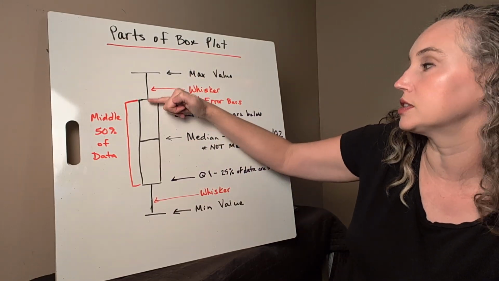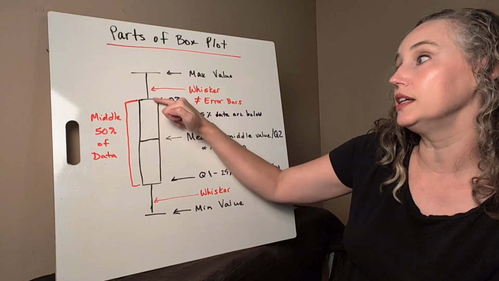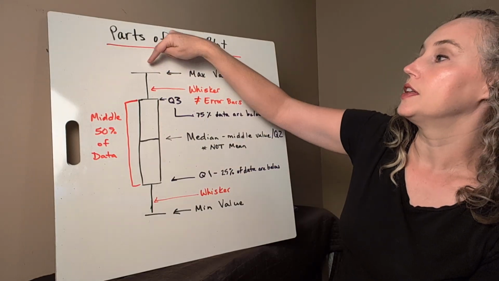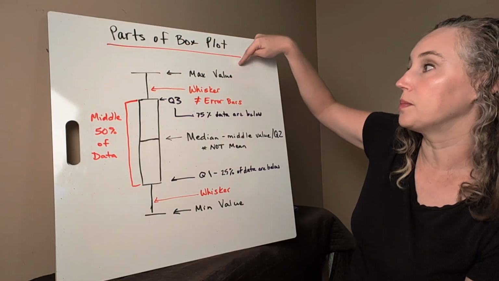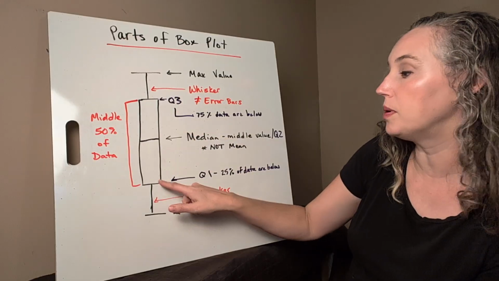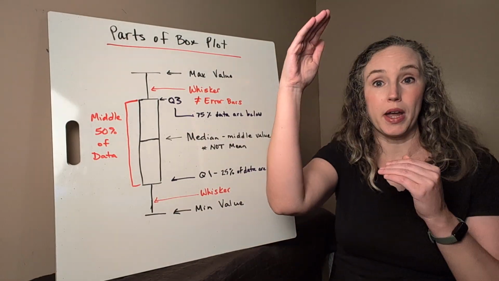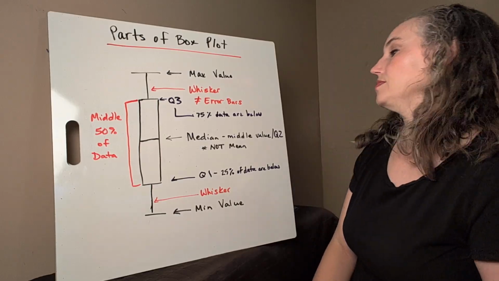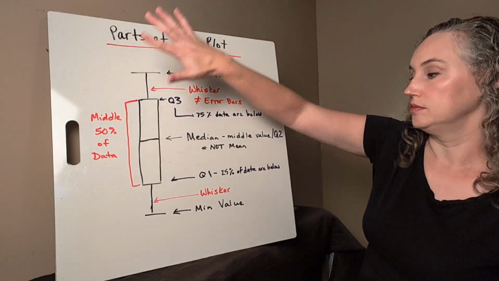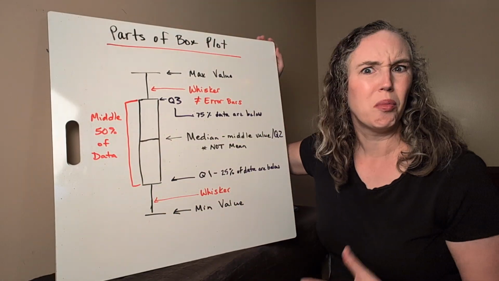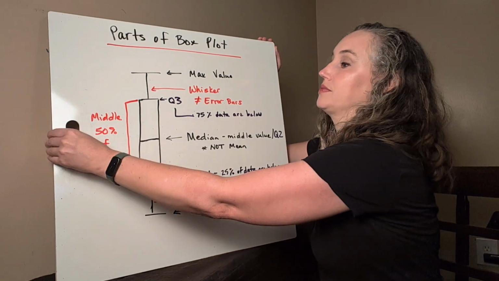So 75% of the data are below this mark. The top whisker is the max value, and the bottom whisker ends at the minimum value in your range of data. So that's what these are, but what does it mean in a graph?